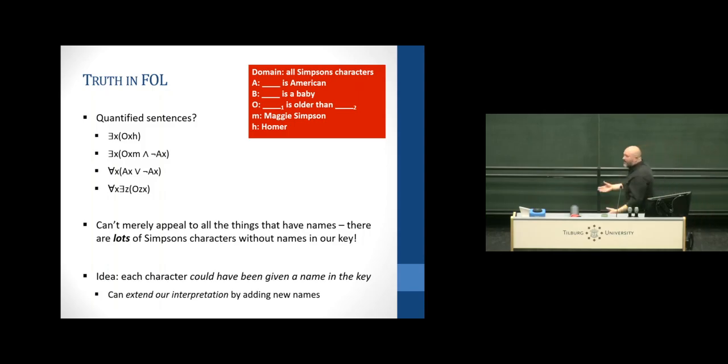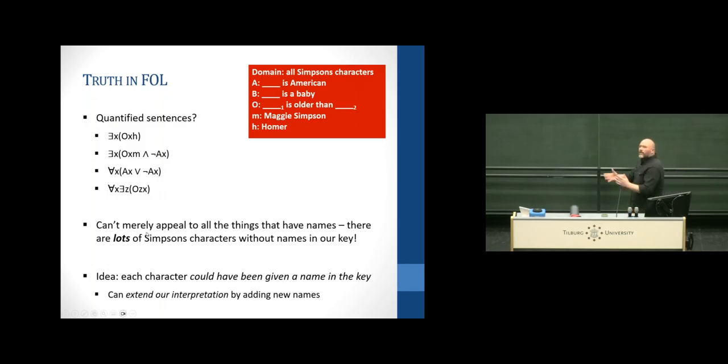That is, we can extend our interpretation, adding names to pick out stuff that's already in the domain. And if there's one extension where we can do that and plug that name in, the existential is going to be true. If we can do that for every single name, the universal is going to be true. So we'll talk through these one by one, and we'll go through all 4 of these.